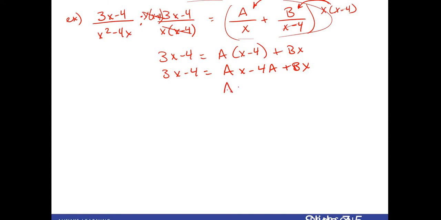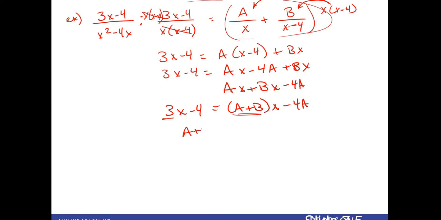I'm going to gather my x terms together on the left, and I'm going to write them as a single coefficient, a plus b times x minus 4a. We can now see that I'm in the same kind of pattern as I am on the left on the right. So the coefficient of x has to be 3. That means that a plus b has to equal 3. And the constant is negative 4.